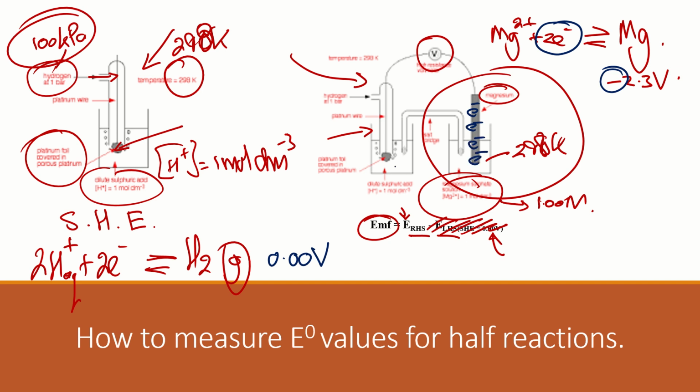Okay, so if we did that compared to, let's say, that. So it's not that there's no electrons building up on the hydrogen, it's just relatively speaking there are many more on the magnesium half cell. That's why it's much more negative. That means that this equilibrium lies towards the side of oxidation because there are more electrons.